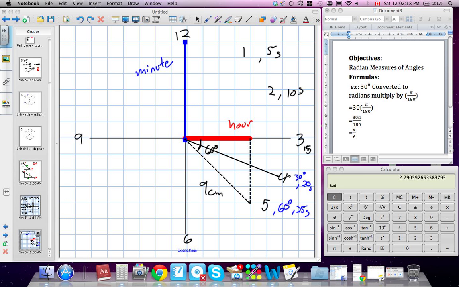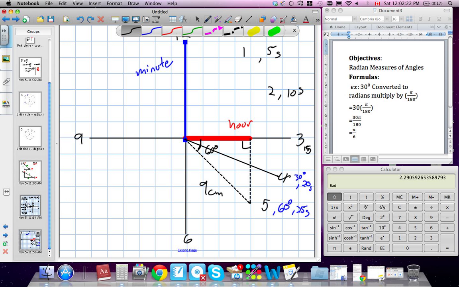We also know the distance is 9 centimeters. We've created a right angle triangle. So, actually, we're not going to exactly use special triangles because the hypotenuse is 9, which is an odd number. But we can set this up just the same way we did the other question and find the length and width according to our 60 degrees.